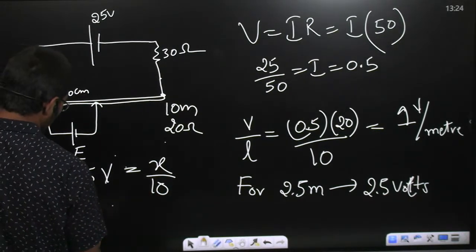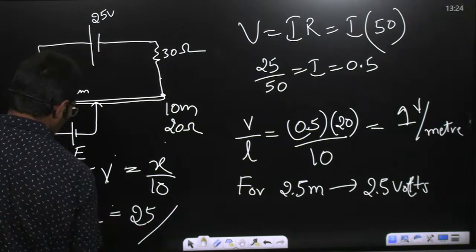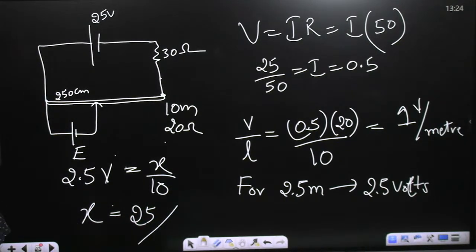X is equal to 25. So you need to be aware of all these small things at the end, what is being asked and what you got. If you try to rush, you will miss the problem, okay?